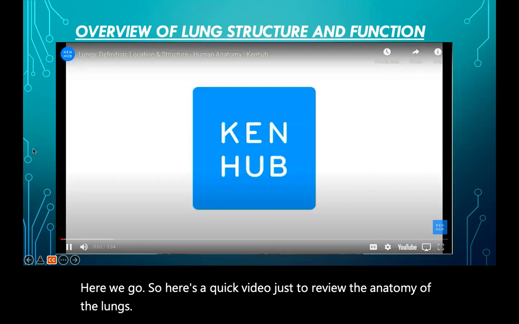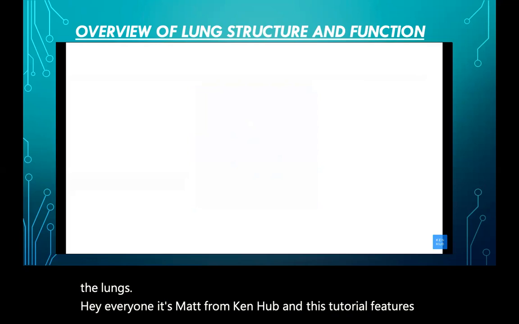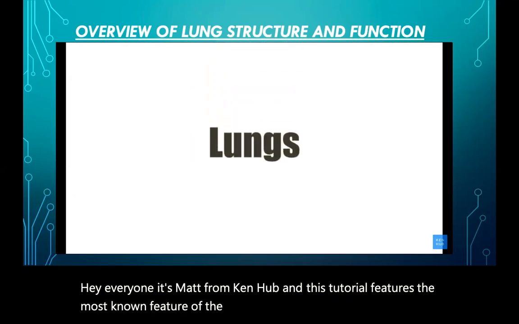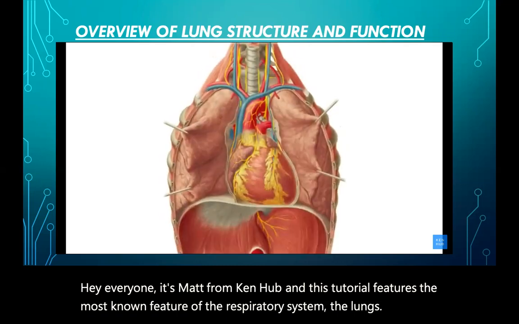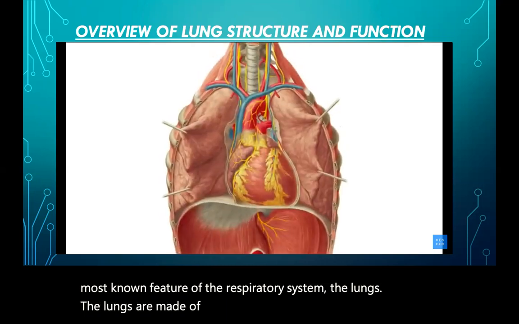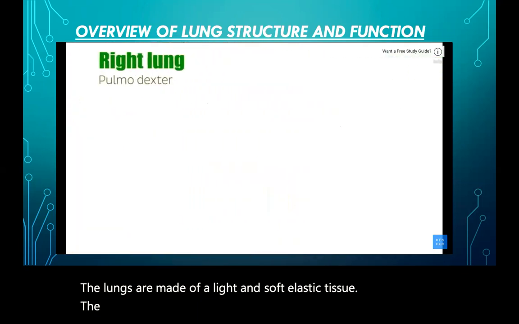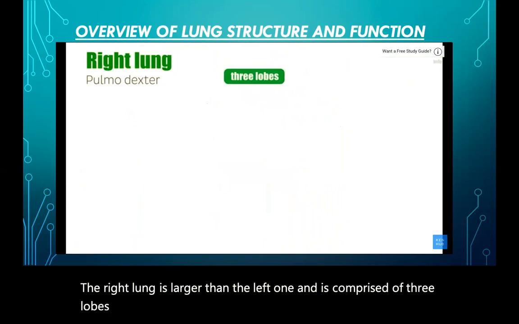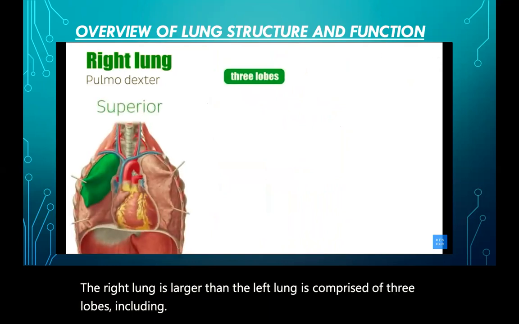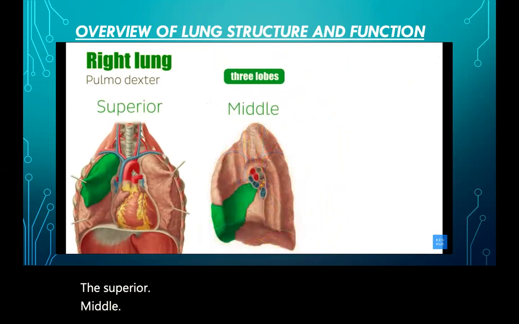Hey everyone, it's Matt from CatHub, and this tutorial features the most well-known feature of the respiratory system, the lungs. The lungs are made of a light and soft elastic tissue. The right lung is larger than the left one and is comprised of 3 lobes, including the superior, middle, and inferior.